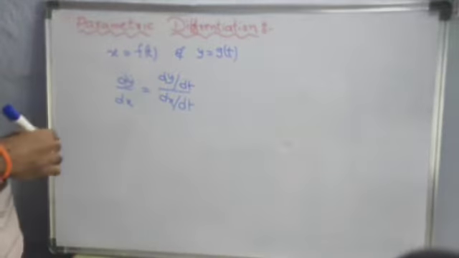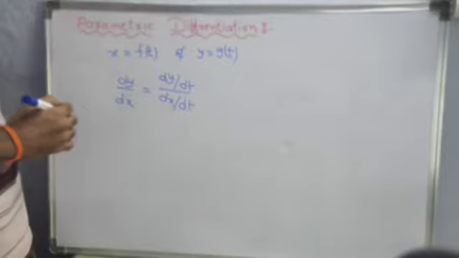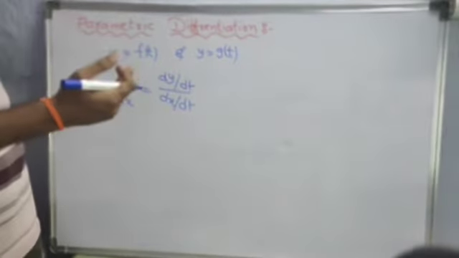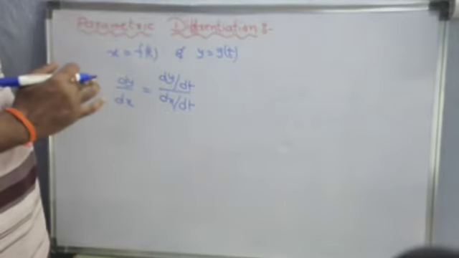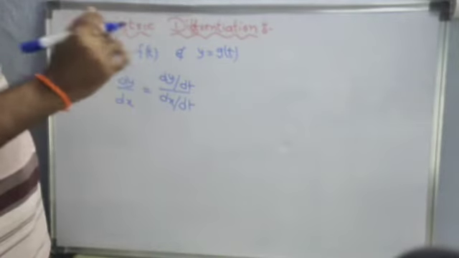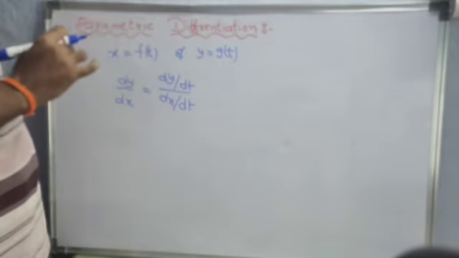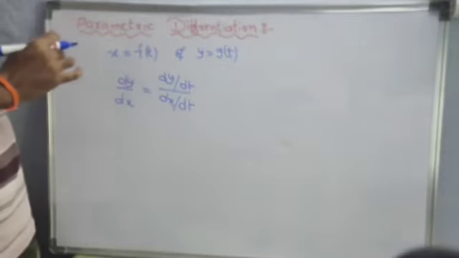The dt gets cancelled and we get dy by dx. Here t is the independent variable, and x, y you can take as the dependent variables, in parametric form.